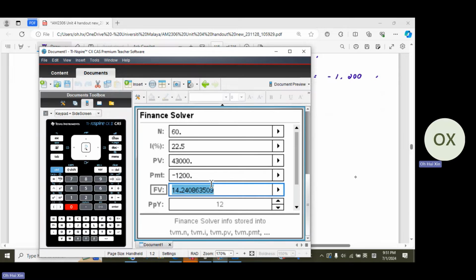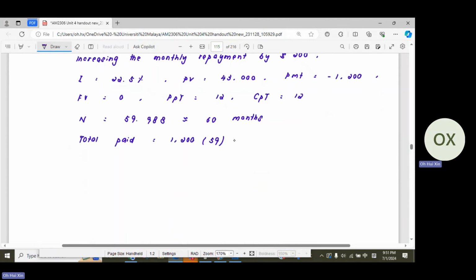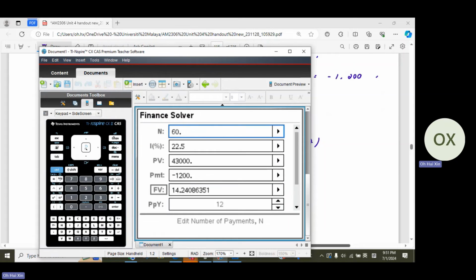So it's a positive. Then you take the 1,200, which is the normal repayment, and minus the extra one you have repaid. Of course, the other option is that instead of 60, you can do 59. After you pay for the 59 repayments, this is the amount that you are still owing.